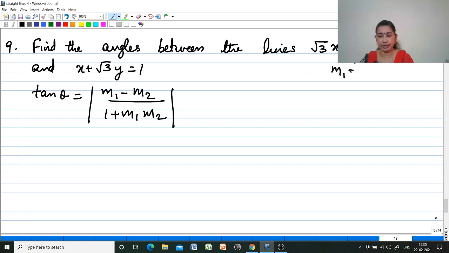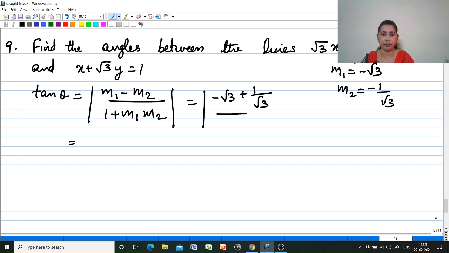So m1 is equal to minus root 3 and m2 is equal to minus 1 by root 3. So we can substitute in this, that is modulus of minus root 3 plus 1 by root 3 divided by 1 plus minus root 3 into minus 1 by root 3.